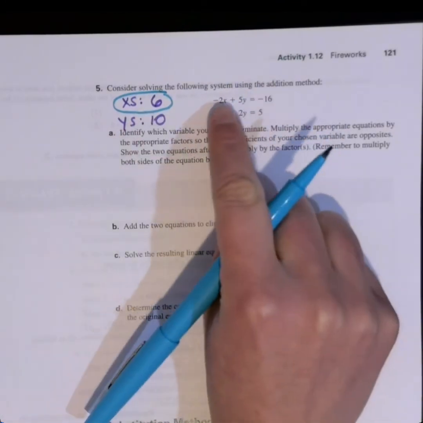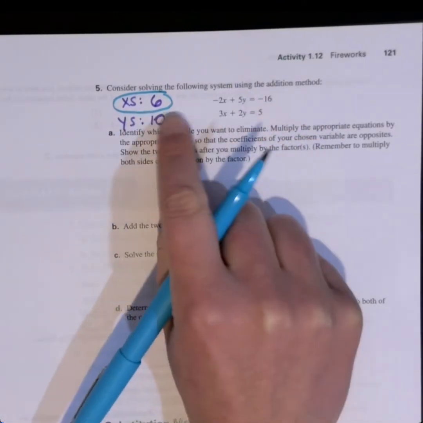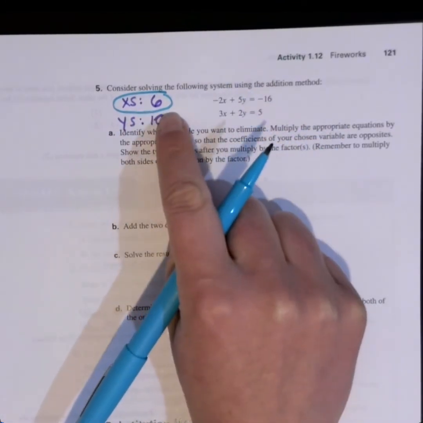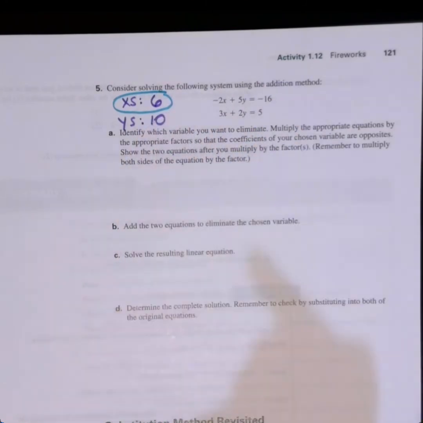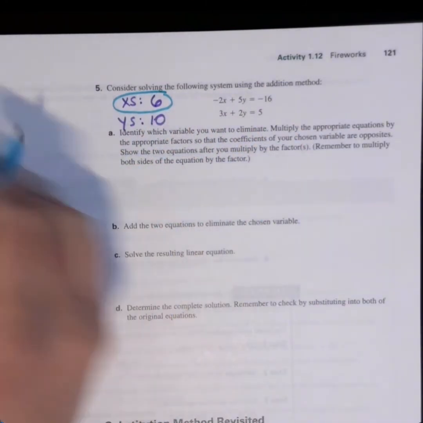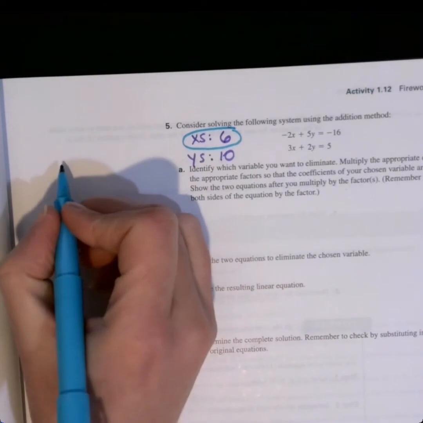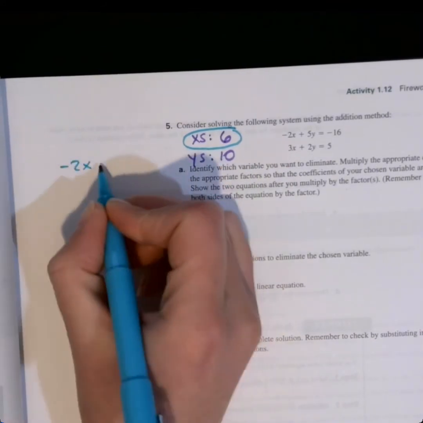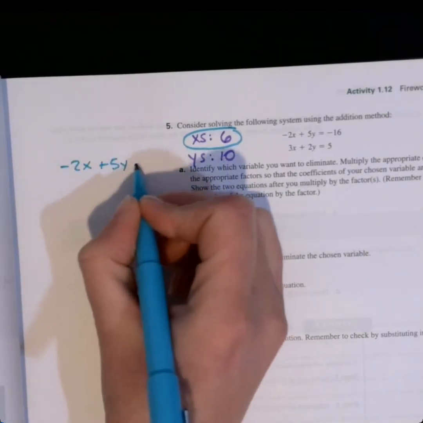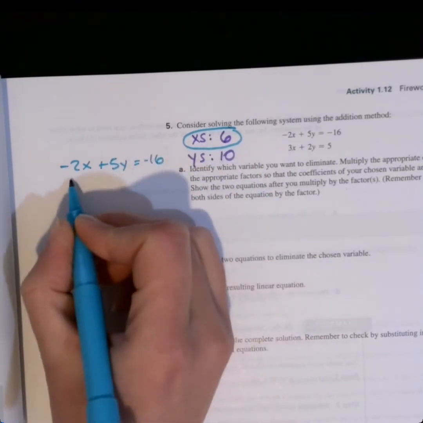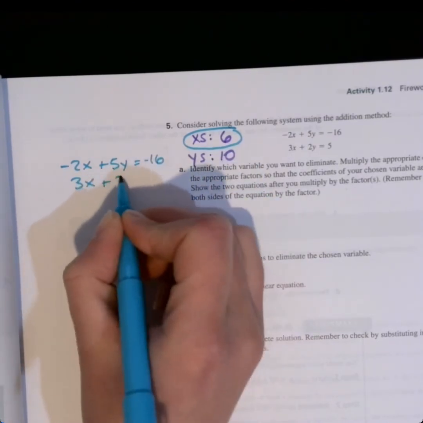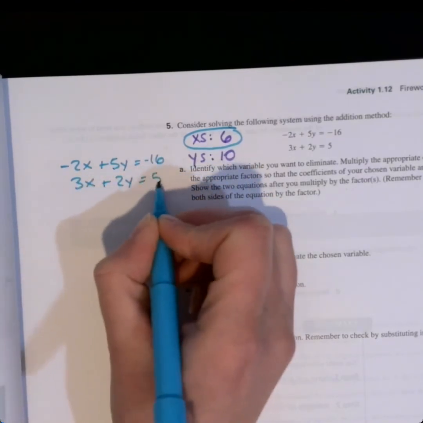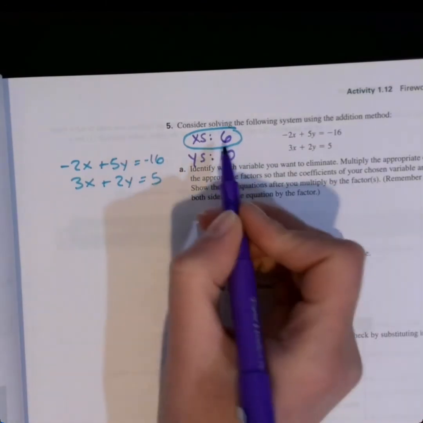So we're going to have to make these both 6s. And I don't want both positive 6s. I want one positive 6 and one negative 6. So first things first, I'm going to write down my two equations. I'm going to use the margin because I know I can't squeeze it in that little bitty space. Just writing down my equations. All right, now I need to know, what do I need to multiply by to get a 6?